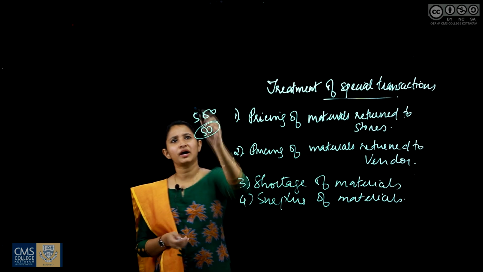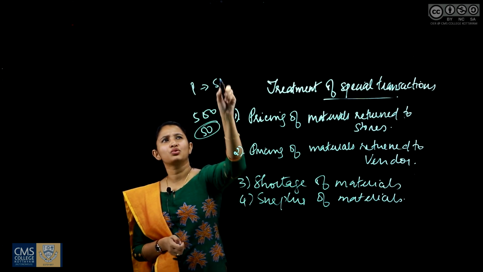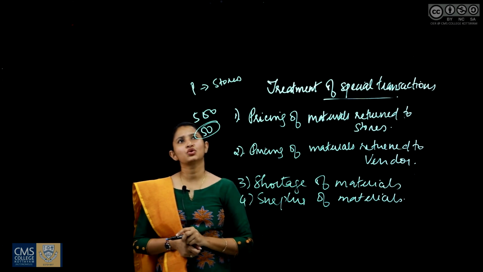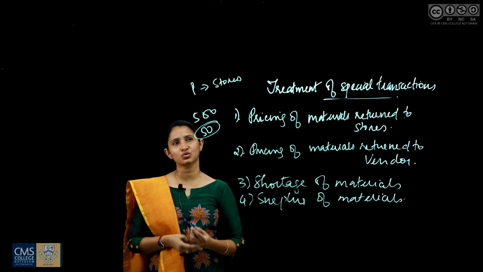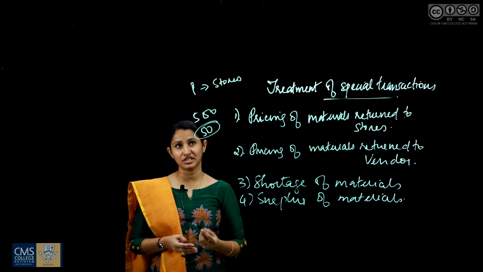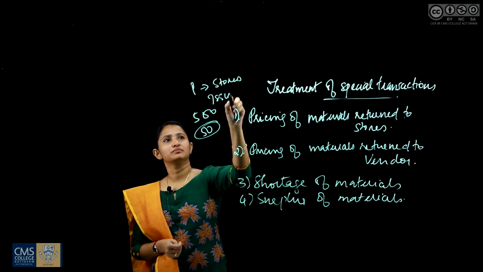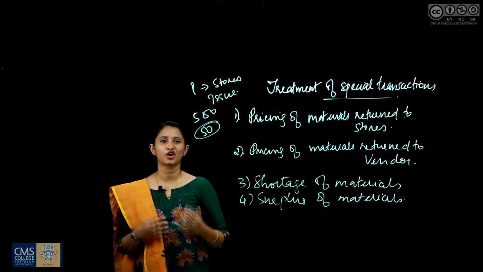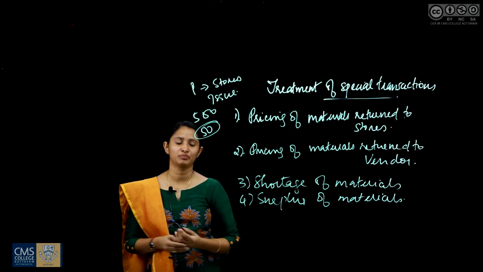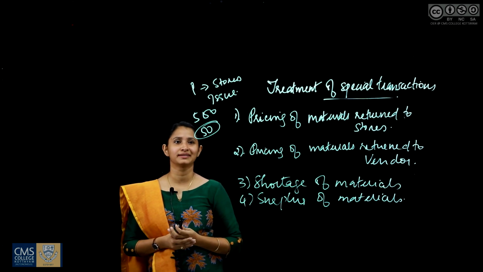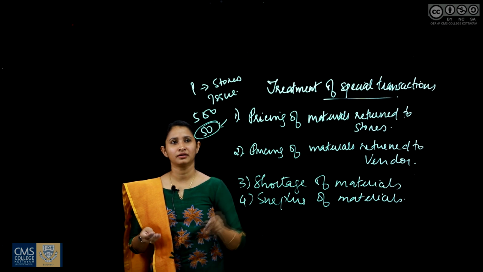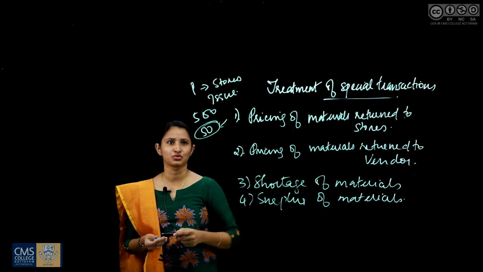So the production department has asked the stores department for 500 units of materials. When the production department asks the stores department for materials, we show it in the issue column. But because of some reason, maybe because they could not finish the production on that particular day or because they could not start production on a particular day, they are going to return the 50 units that they don't require back to the stores department.